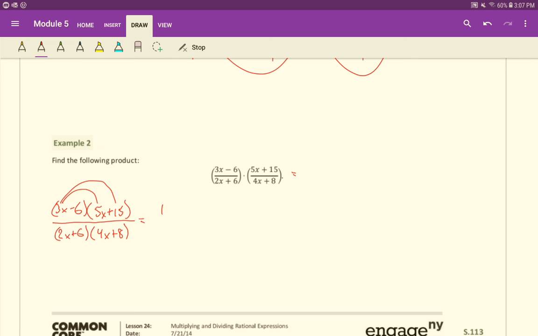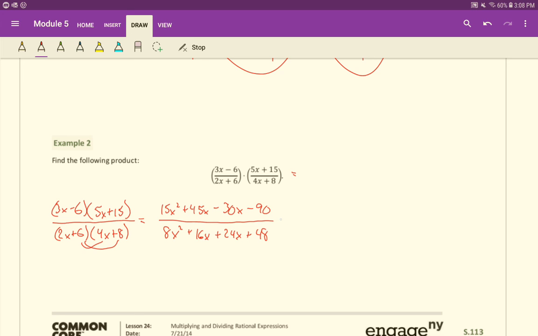So we'll get 15x squared plus 45x, and then this negative 6 times the 5x, negative 6 times the 15, so negative 30x minus 90 all over, and we'll do the same thing here in the denominator, 2x times 4x, 2x times 8, so you get 8x squared and 16x, 6 times 4x, 6 times 8, 24x plus 48.